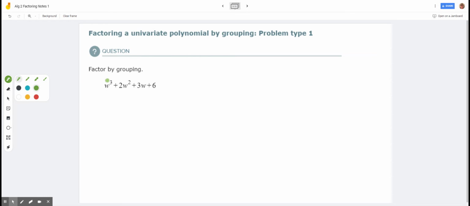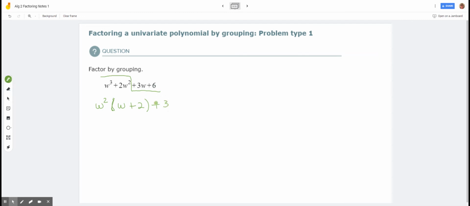Okay, factor by grouping again. So what you do is you draw that staircase, right? Group the two binomials together. Ask yourself, what's in common? W squared is in common. So divide both of these by W squared, and you're going to get W plus 2. We're going to carry down the plus, and then what's in common between 3W and 6?